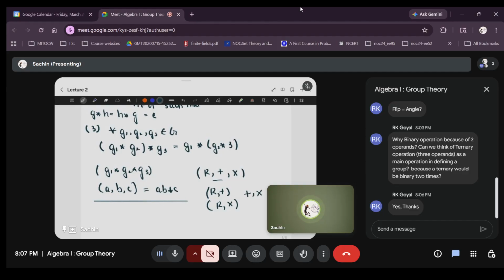But that's still not a ternary operation. We will deal with a set and two binary operations. So far, I have not really come across any ternary operation that gives a structure that's used anywhere.